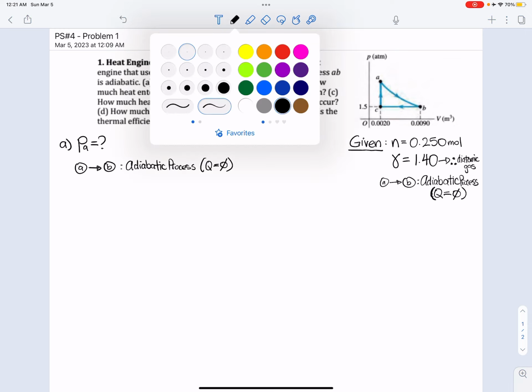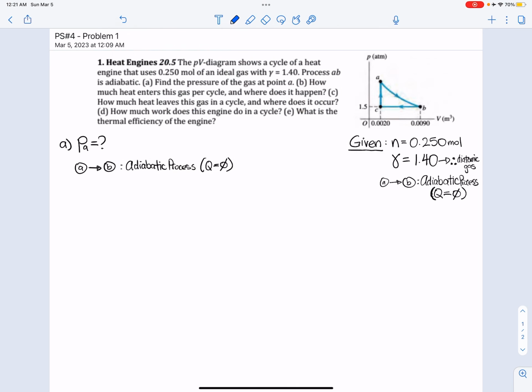In chapter 19.8, it tells us that P1 V1 to the power of gamma is equal to P2 V2 to the power of gamma, and that is for all adiabatic processes.